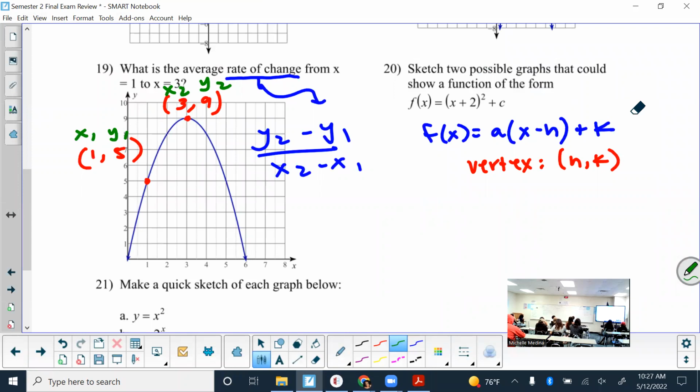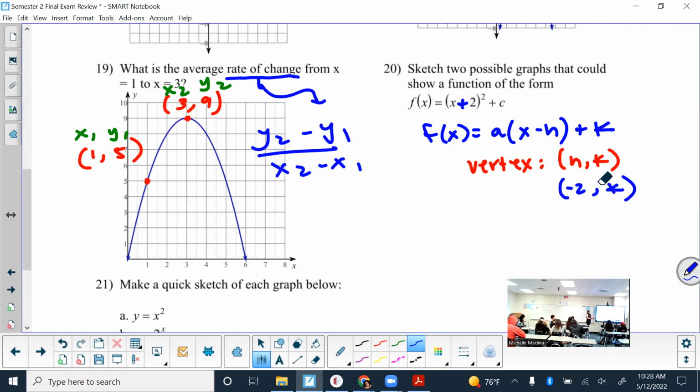Keep in mind that for your vertex, like if I had to pick values for the vertex, the h is always like opposite of how it looks in the equation. So if it looks plus here, then it's actually minus for the h. All right, the k stays normal. The k can have whatever positive or negative it says on there, but the h always has the opposite sign.